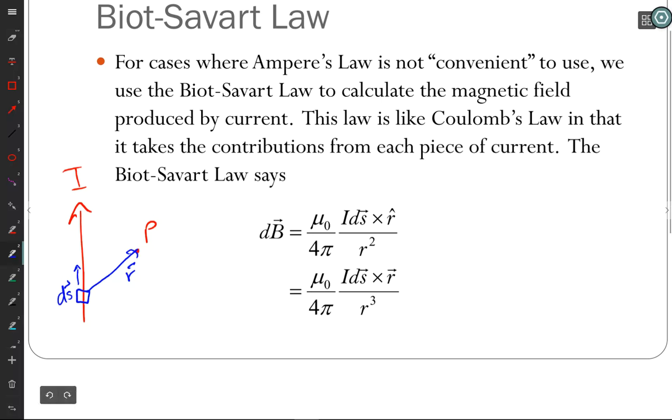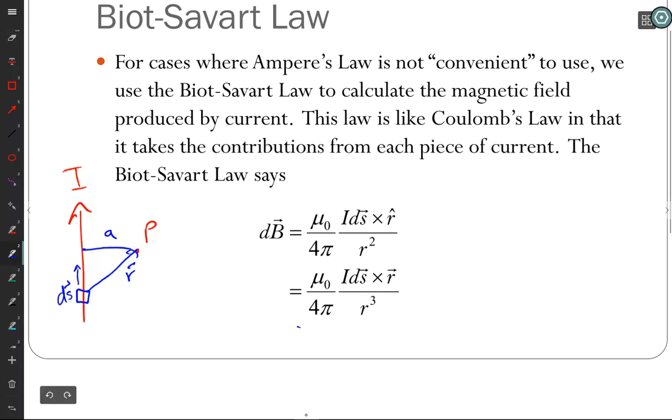Then I need to actually find what ds cross r is. In this case, it was easy. If this distance is a, then the perpendicular part of the r vector is a.